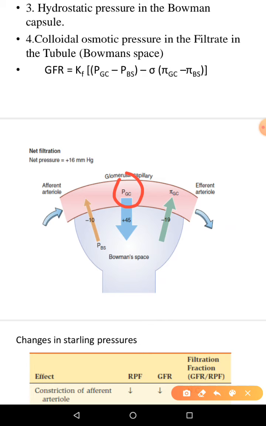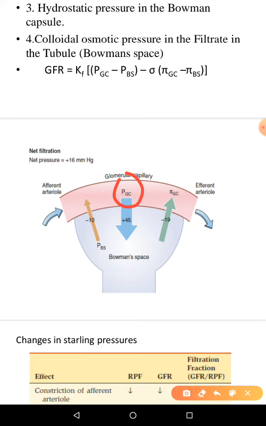Okay. For example, when there is constriction of afferent arterioles, or in other words, when there is increase in arteriolar resistance, what do we expect? The renal plasma flow will decrease, and GFR will also decrease, because less blood flows to the glomerular capillary.